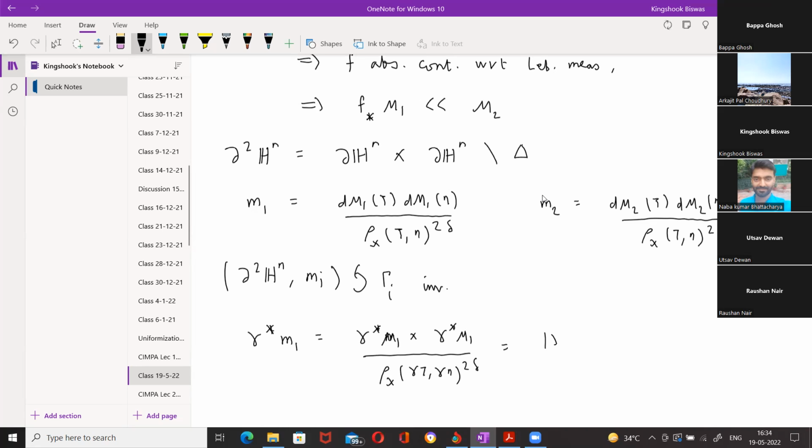This will be mod gamma prime xi to the power delta into mod gamma prime eta to the power delta into d mu 1 xi d mu 1 eta.